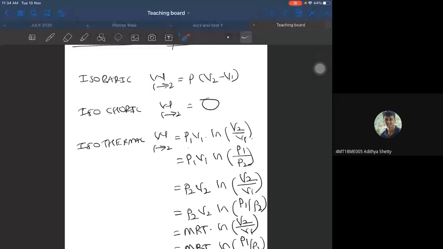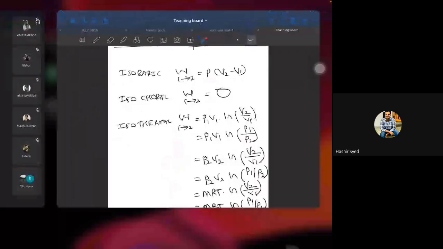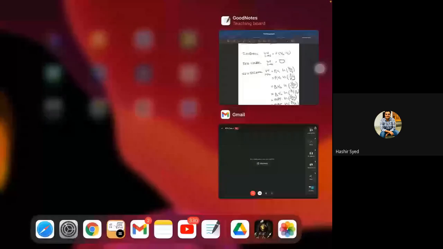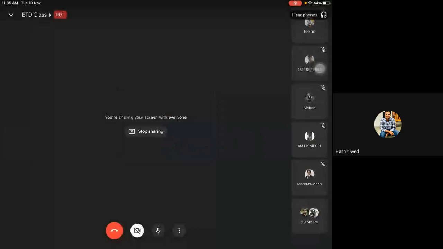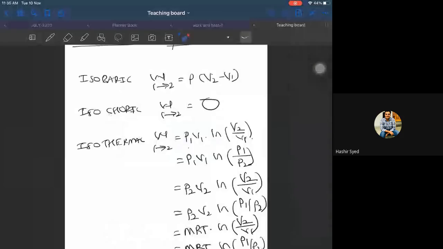Hashir? Yes, sir. Give me the 6 different expressions. Work done is equal to P1 V1 into ln of V2 by V1. P1 V1 into ln of P1 by P2.